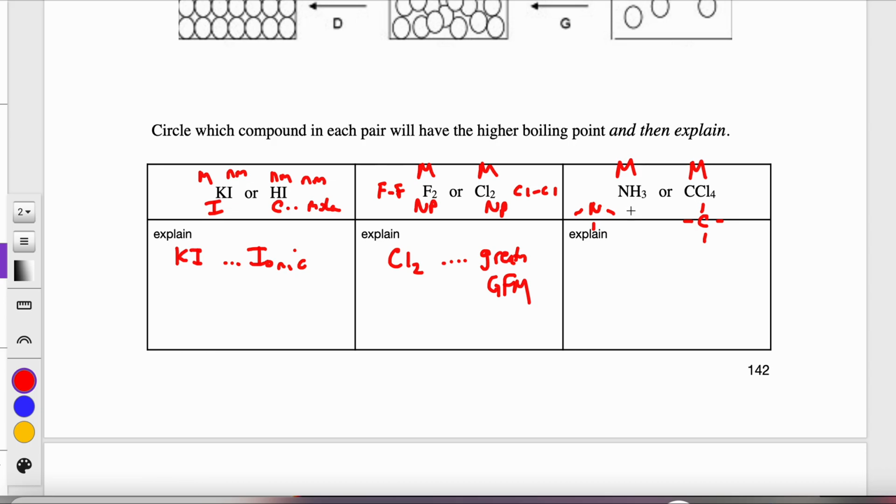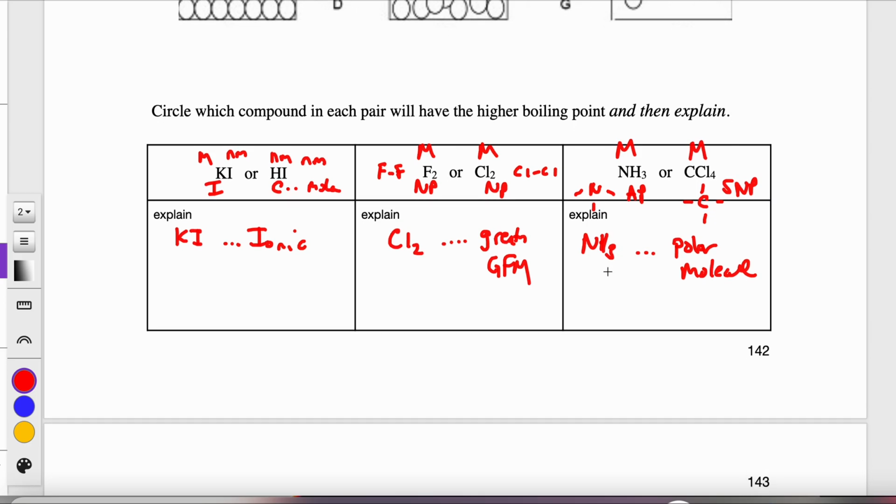This one is a polar molecule because it's asymmetrical, and this one has symmetry, so it's a nonpolar molecule. So NH3 we would predict to have the higher boiling point because it is a polar molecule. It has that asymmetry. Keep it simple.